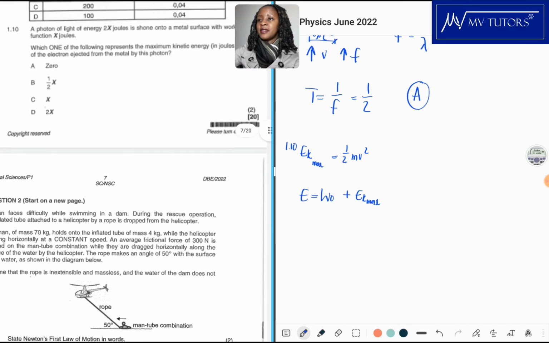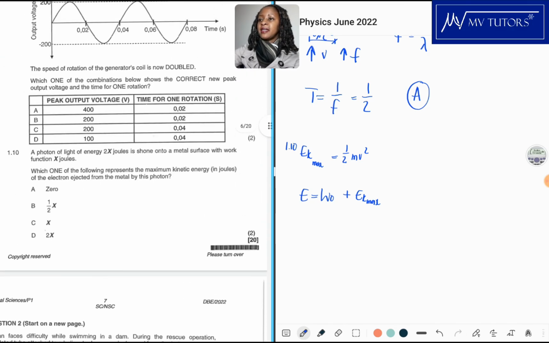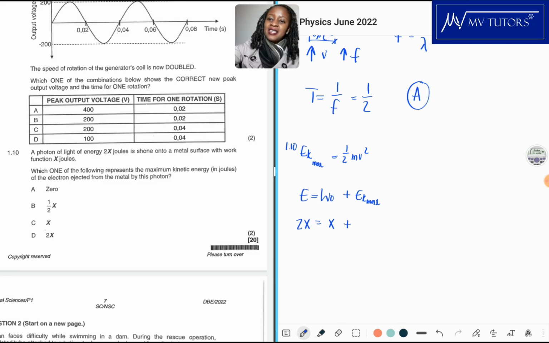I believe they did give us information. Well, they said that the photon energy is 2x, and that the work function is x. So we can definitely work out the kinetic energy, or the maximum kinetic energy would basically be x. And that is option C.